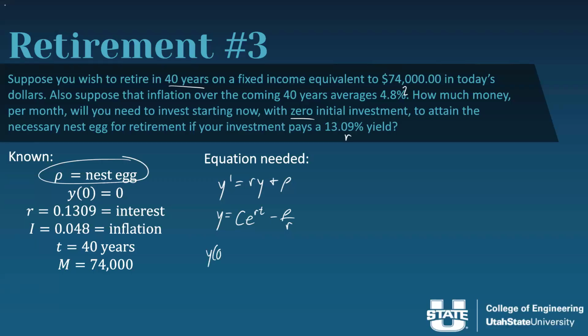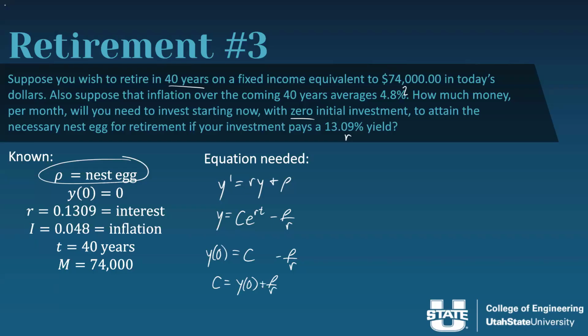I'm just going to keep things in terms of y naught for now. Equals c e to the rt minus rho over r. Just to show you where that big equation that we started with comes from. You might notice it'll be simpler in this problem, but I just want to show you where all those pieces come from. So we have our y naught equals, which just becomes c in this situation, right? Minus rho over r. I'm going to solve c equals our y naught plus rho over r.